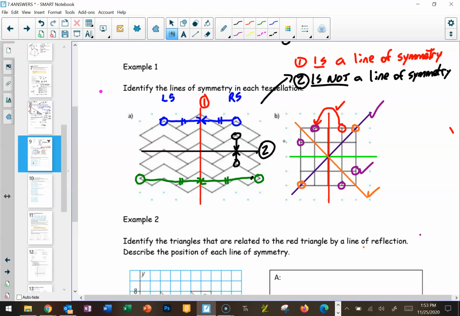So basically, the mental picture you have to go with is, can I fold it over that line, and will all the points match up, and will all the lines be pointing in the right direction? And if that's true, then all of them are lines of symmetry. So in this case, all of the lines are lines of symmetry.